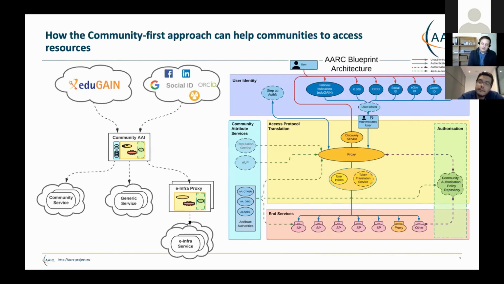So on the plus side, in DARIAH we have been running the AI for 4 or 5 years, even before the AARC BPA came around. So we had the technical knowledge in operating and designing the architecture, which helped.